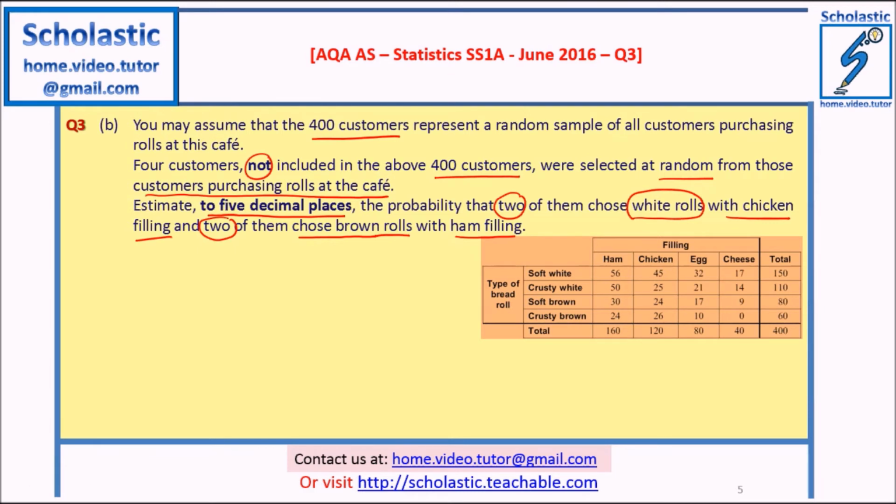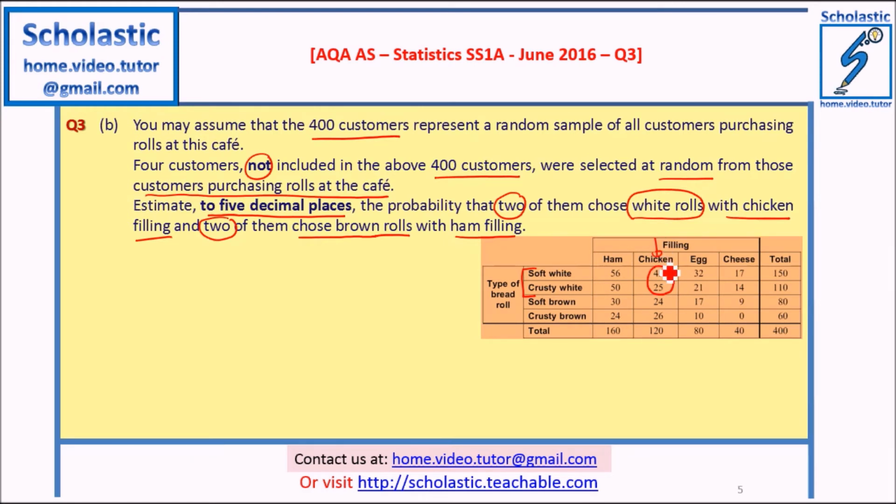Basically, what they're asking in this case, there are 2 probabilities. Let's simplify it first. Let's find the probability of choosing a white roll with chicken filling. So white roll, again we have 2 rows, and then chicken filling, 2 numbers here, 45. This is the chicken filling column.